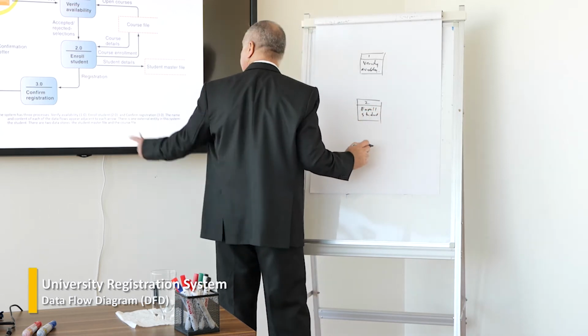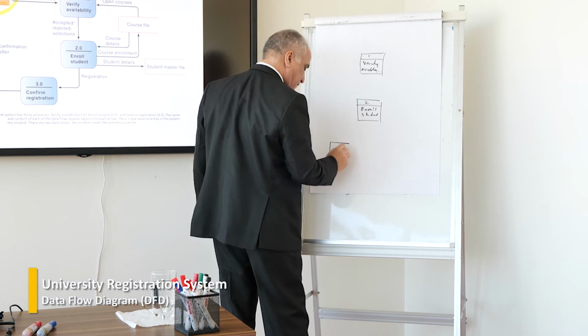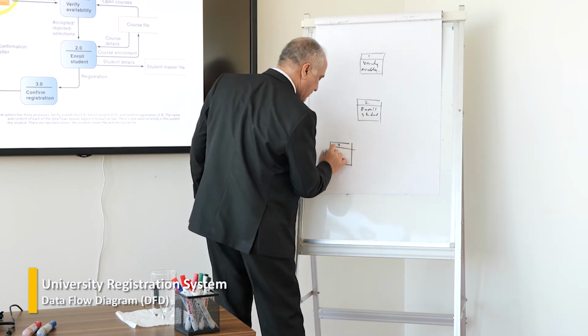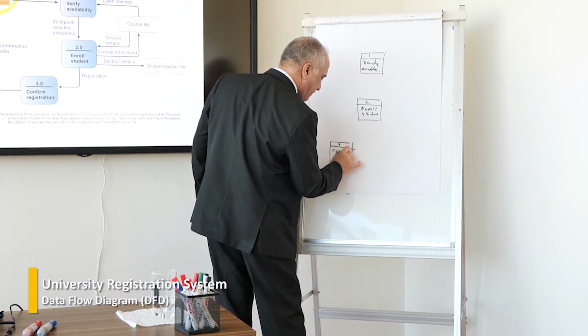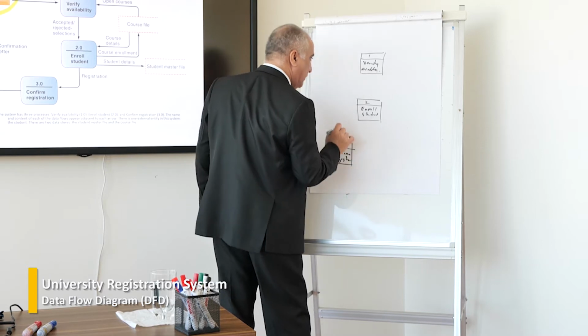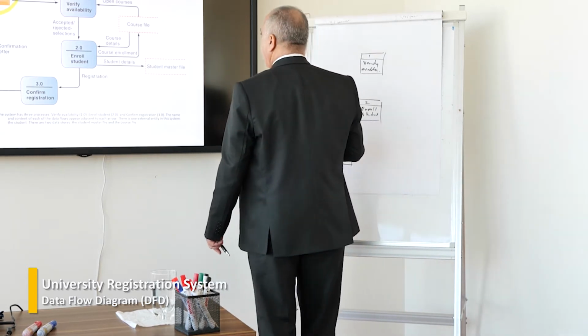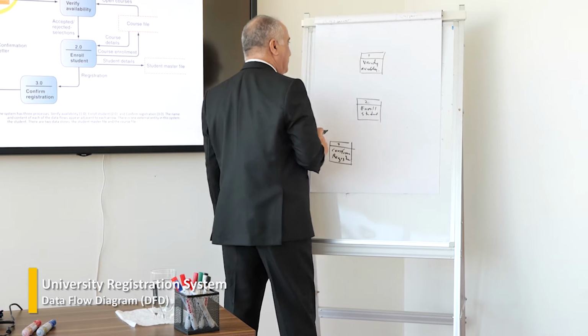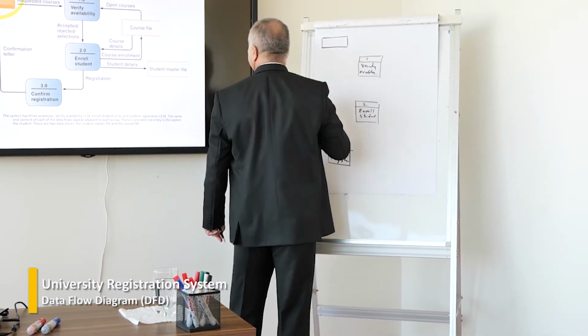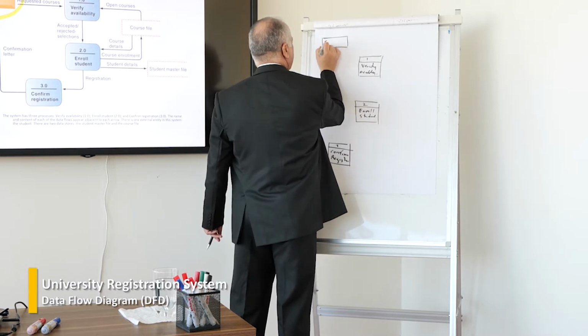And the third one is confirm the registration. Now we have identified the processes. Next we need to identify the external entity, which is a student.